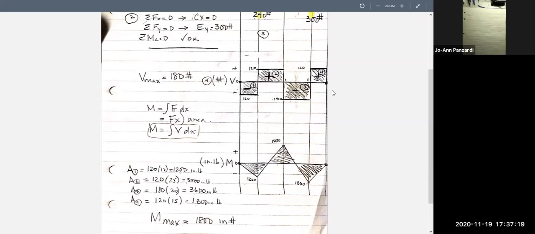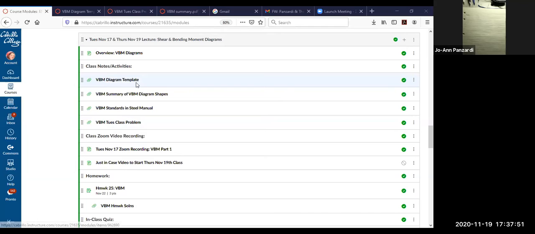Okay. All right. So I'm going to stop sharing this. And what I want to do now is share a different screen. And hang on a second. Okay, so the template we looked at, we saw the template, and then this is Tuesday's class problem.